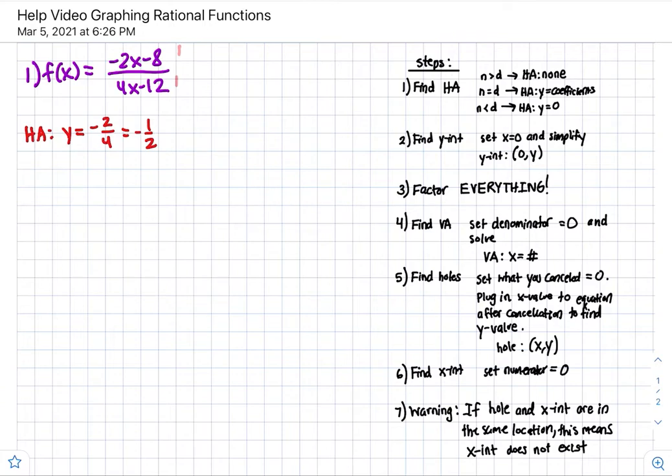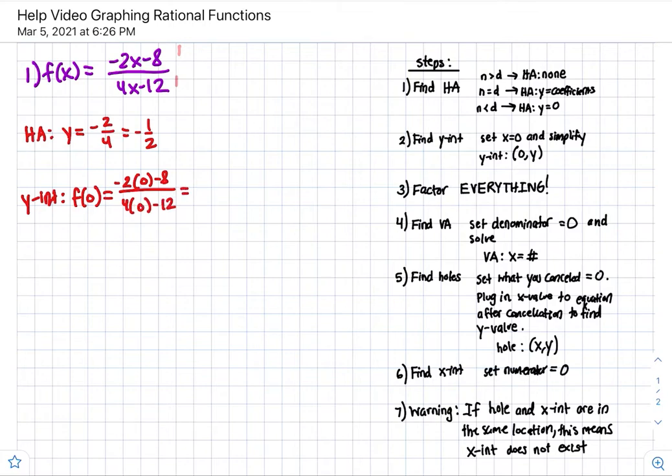Now we have to find our y-intercept. Set x equal to 0 and solve. So for our y-intercept, we set x equal to 0, so 0 gets substituted for every single x.